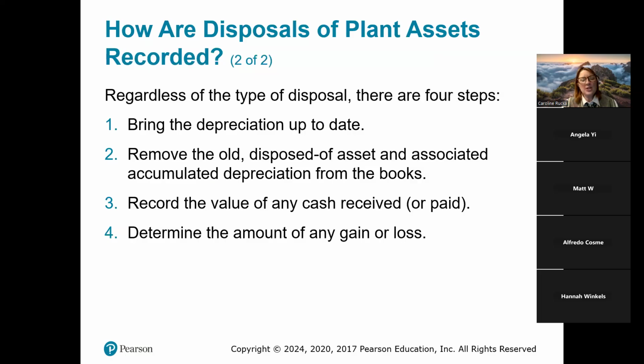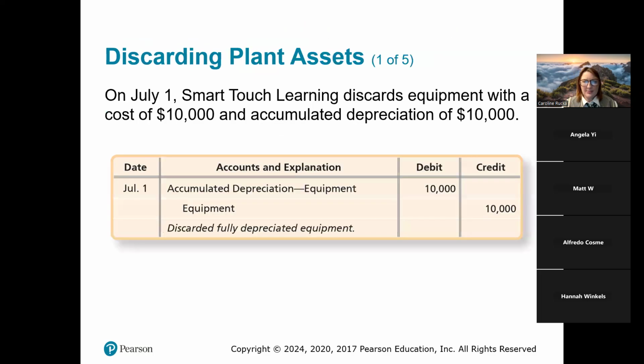The first thing you need to do when it's time to dispose of that asset is bring the depreciation up to date. You want to remove the old disposed of asset and the associated accumulated depreciation from your books. You're going to record the value of any cash received or paid. Remember, I told you that you might have to pay someone to haul it away for you. And then you determine the amount of any gain or loss.